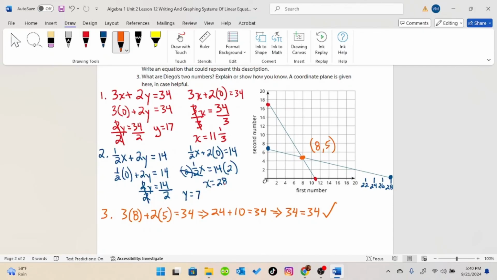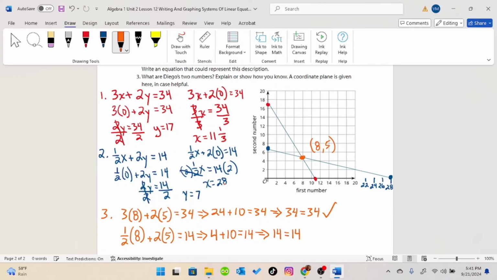Now let's test it in the second one. We had 1/2 times 8 plus 2 times 5 equals 14. 1/2 times 8 is 4. 2 times 5 is 10. 4 plus 10 equals 14.